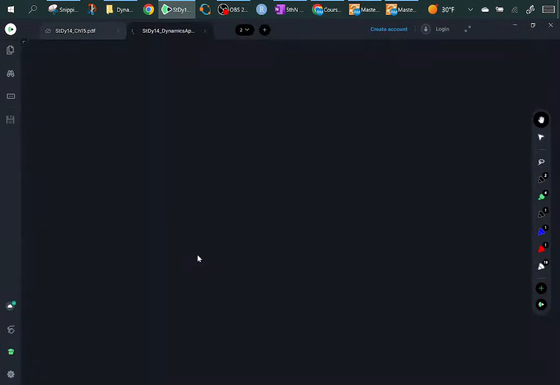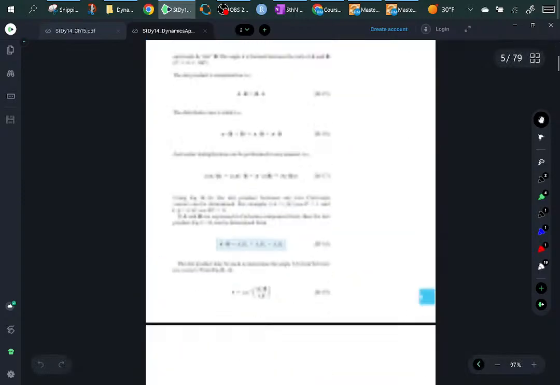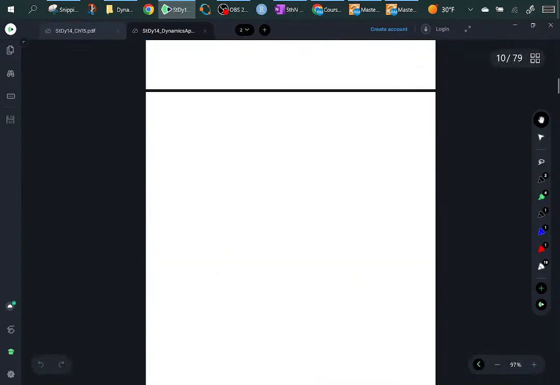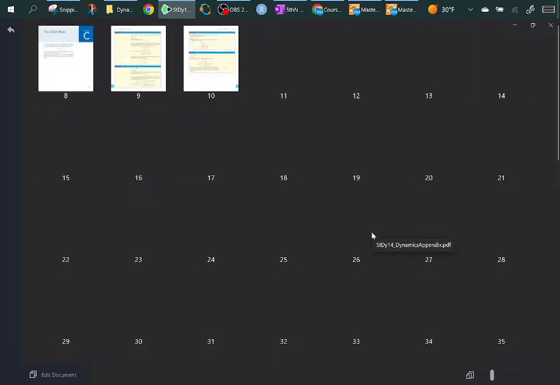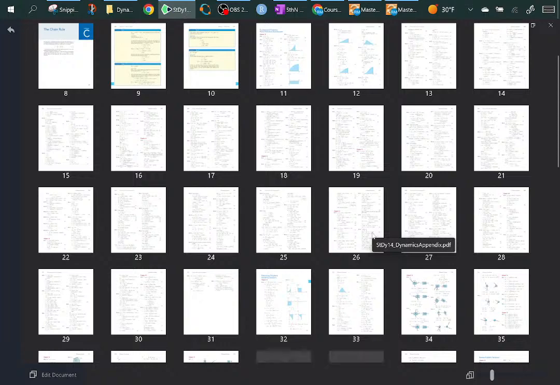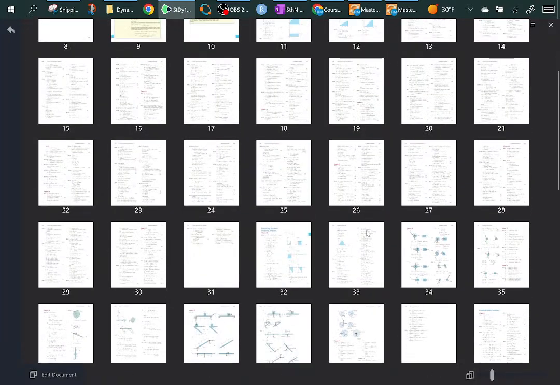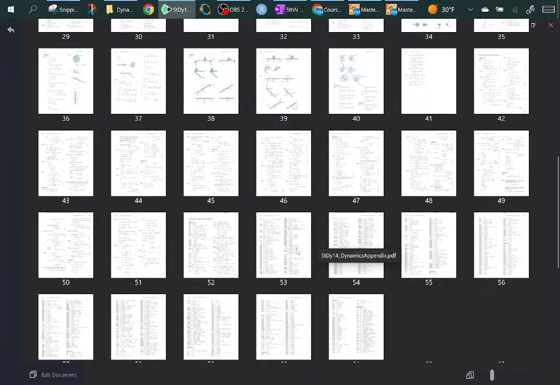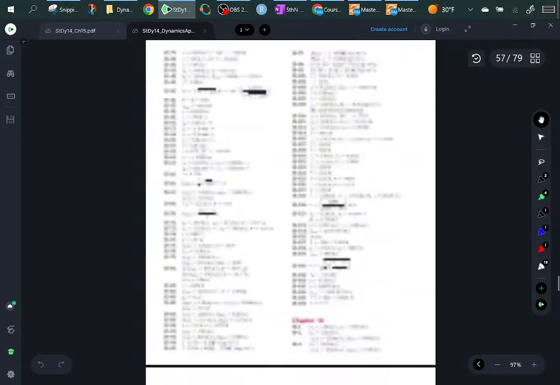Let's see if that is in the appendix. I don't even know where to guess to start. So I'm going to go right here. That's 12.